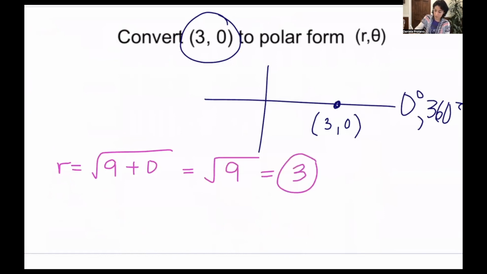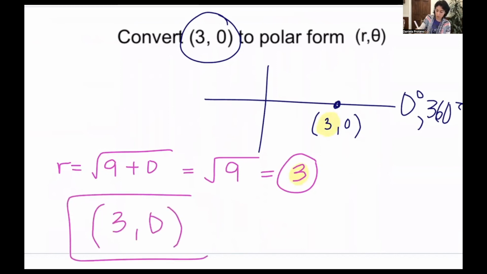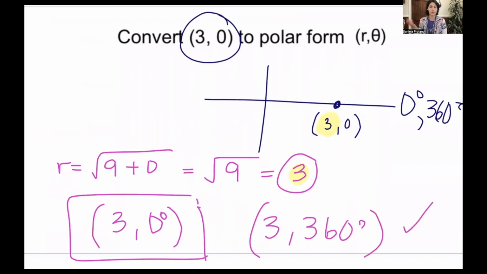Again, it's not a coincidence that we get the same number here. So last but not least, we could put (3, 0) as our polar coordinate, or if you wanted to put (3, 360 degrees), that's all the same. That's saying the same thing.